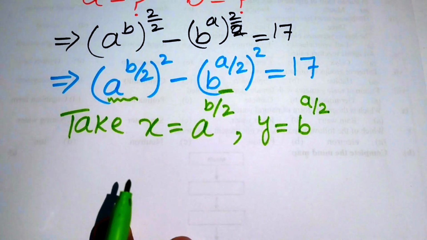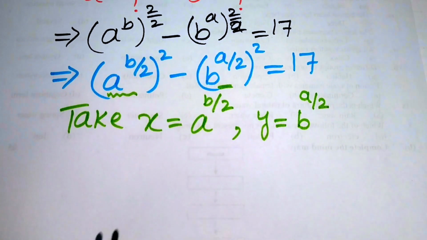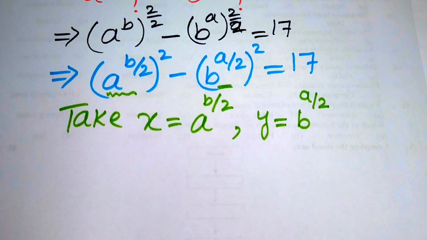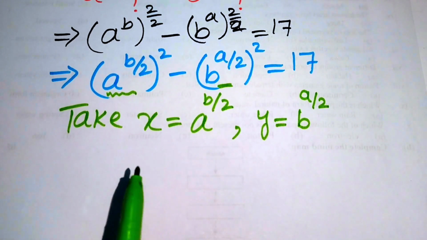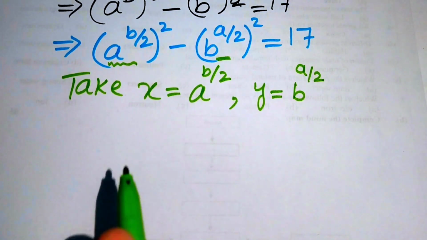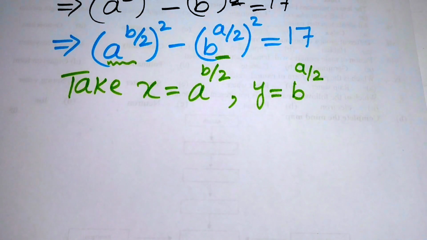Remember one thing: both x and y are positive, because exponential functions always give us a positive value. So these x and y are always positive.